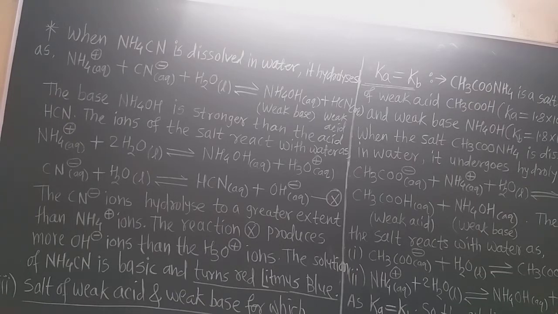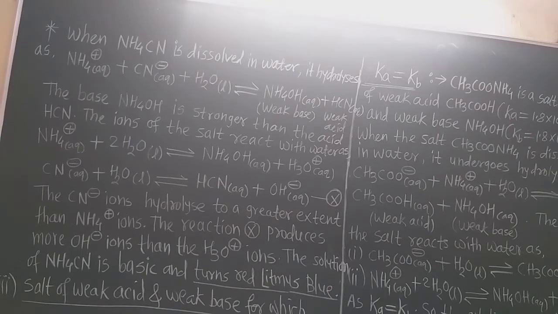Now in both these reactions, in the first reaction there is formation of NH4OH and H3O+, and in the second reaction, when the cyanide ion is hydrolyzed with water, there is formation of HCN, the weak acid, and OH- ion. But reaction X is more predominant there. That means the cyanide ion gets more and more hydrolyzed to form HCN, hydrogen cyanide, and excess OH- ion.